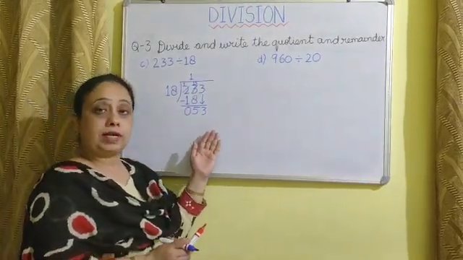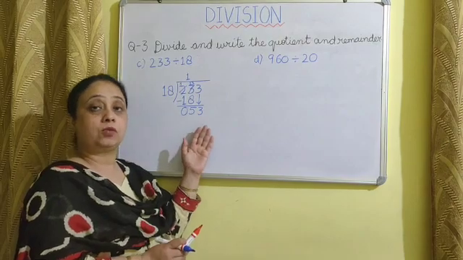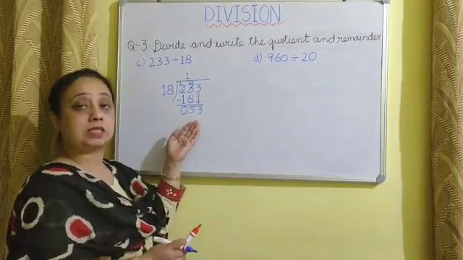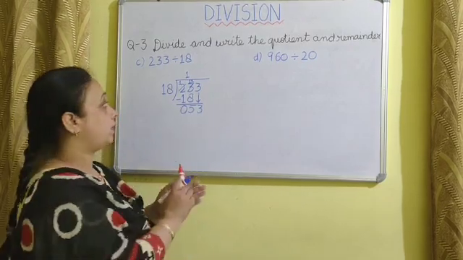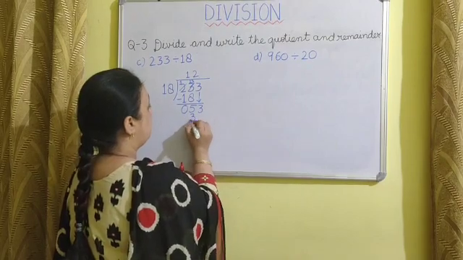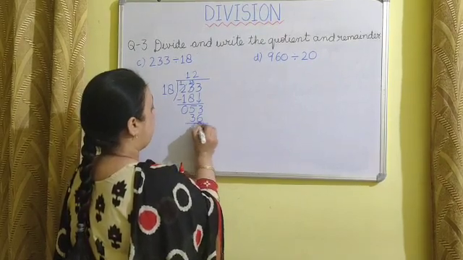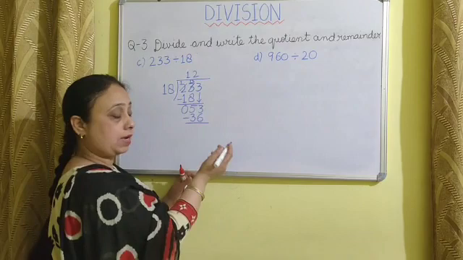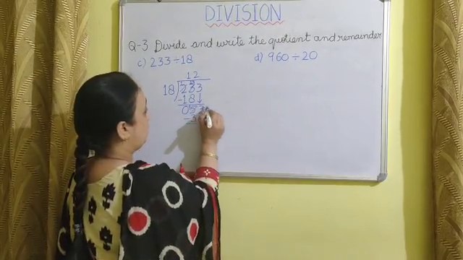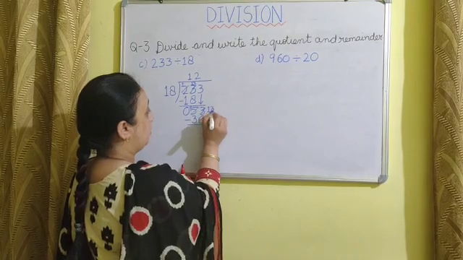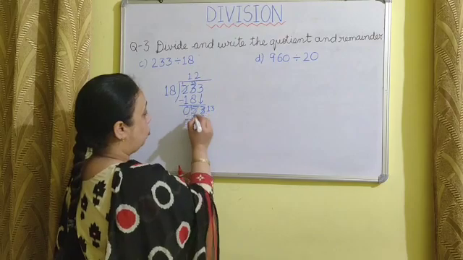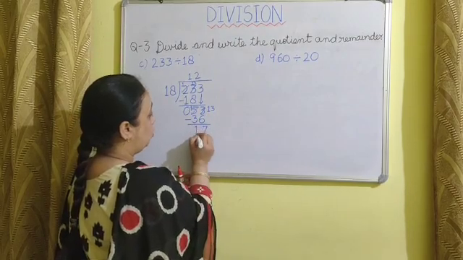Read the table of 18. 18 ones are 18, 18 twos are 36, 18 threes are 54. 54 is greater than 53, so we will write 18 twos are 36. Subtract it. But before subtracting, we have to borrow again. This 5 becomes 4 and this 3 becomes 13. 13 minus 6 is 7 and 4 minus 3 is 1.